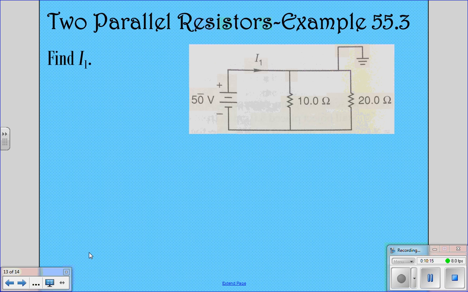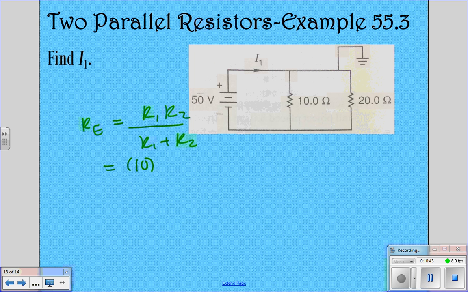Okay? So if you look at this example, we want to find I sub 1. So what we need to do first is to find the equivalent resistance of those two that are in parallel. So we're going to use our formula. R sub E equals R1 R2 over R1 plus R2. And so our R1 and our R2 are 10 and 20.